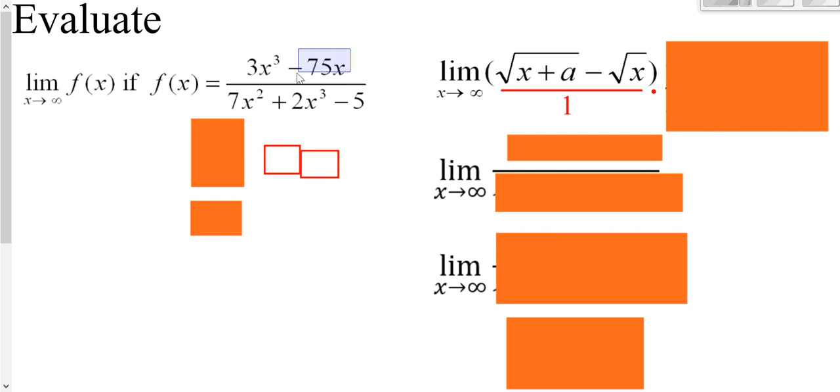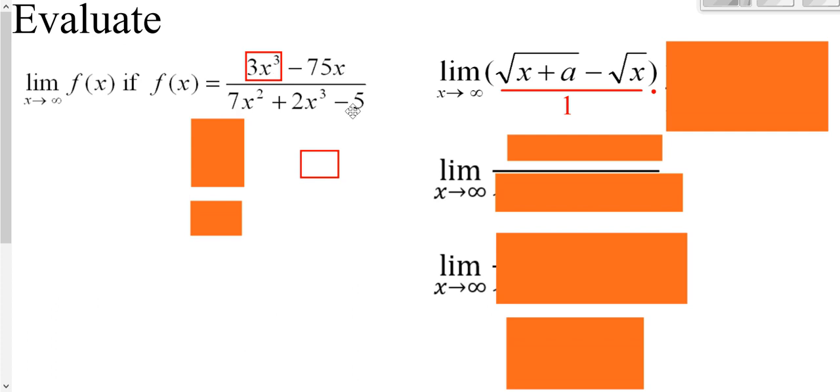So this doesn't really do a whole lot when you're plugging in really big numbers, like something in the billions or trillions. Because if you take a billion cubed, that's going to have way more zeros with it than this would. So what has most influence in the top is the biggest power.